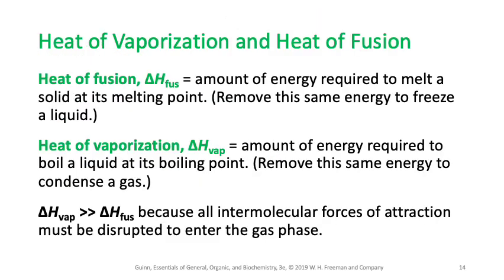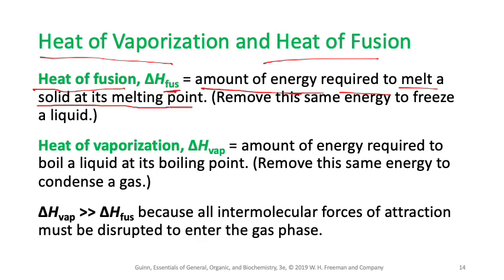So now we're going to talk about two terms, heat of evaporation and heat of fusion, and we're going to learn what these terms are. So let's start with the heat of fusion, symbolized with triangle delta H of FUS. It's the amount of energy required to melt 1 mole of a solid at its melting point.